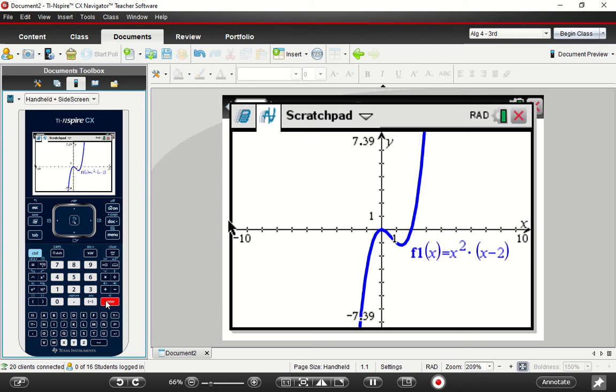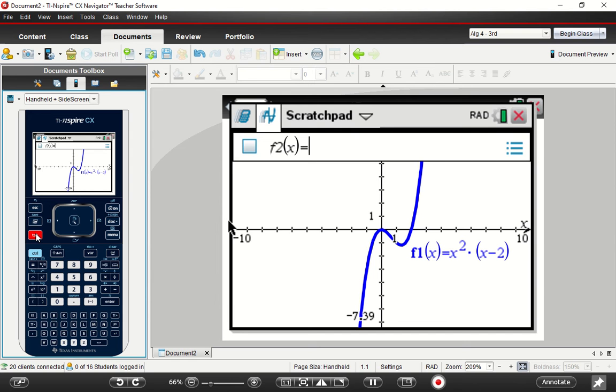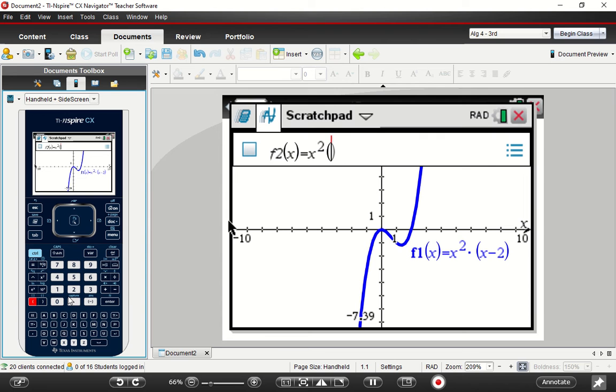Now the next one we're going to look at, h of x. So I'm going to hit tab. So my h of x is x squared, parentheses x minus 2 close, minus 5.